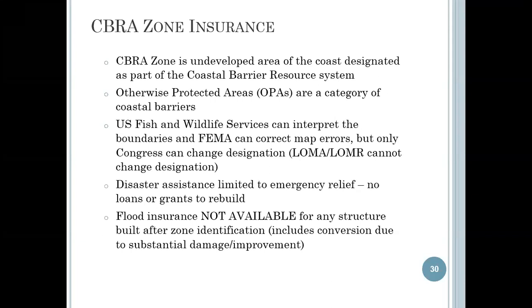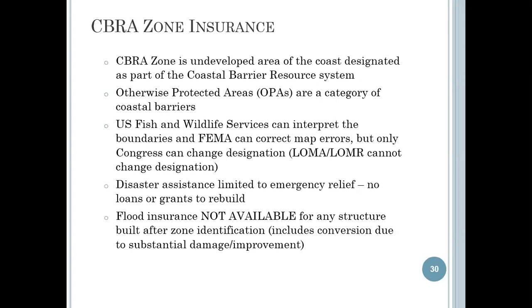Otherwise protected areas could be a wildlife preserve. And Fish and Wildlife enters structures into the COBRA zone or otherwise protected by legislation.